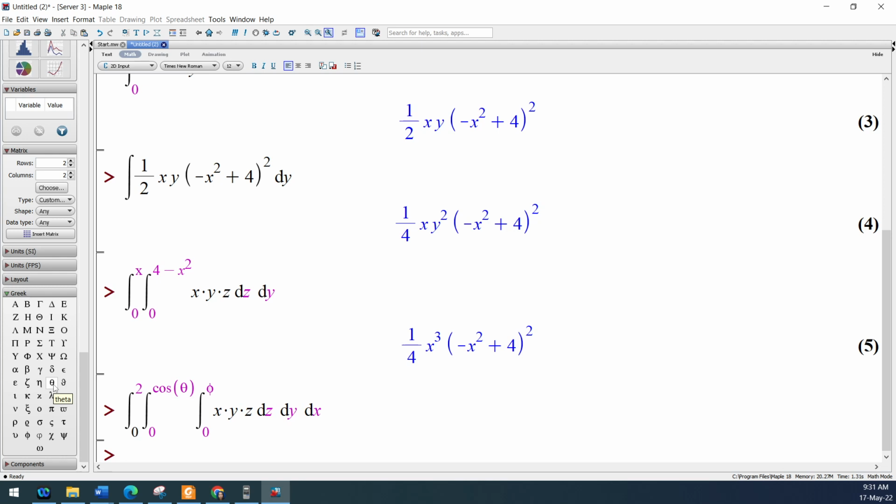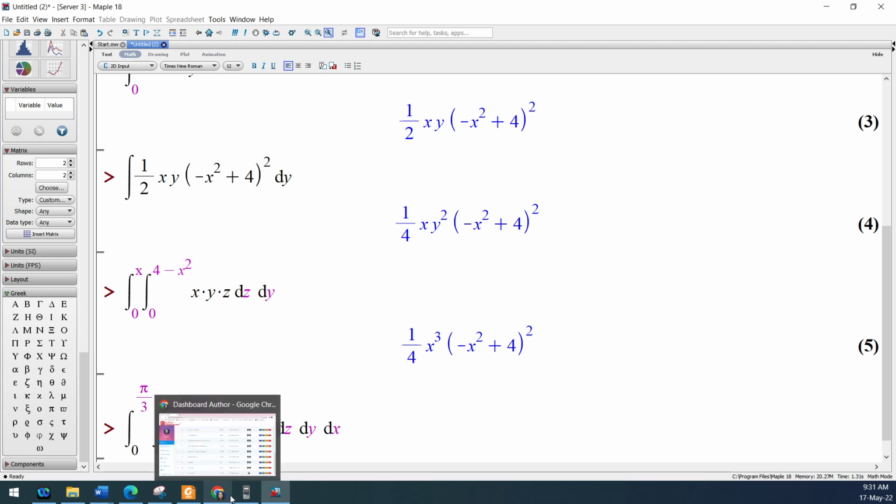And then 0 to pi over 3. Where's the pi? Pi divided by 3. Okay, integrate rho squared. Where's the rho? Squared is actually pressing shift and power. So you type rho squared sin theta.